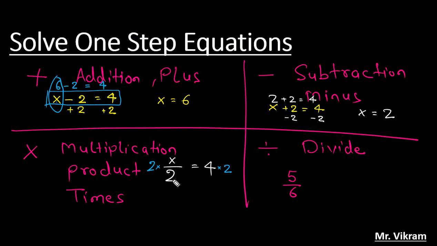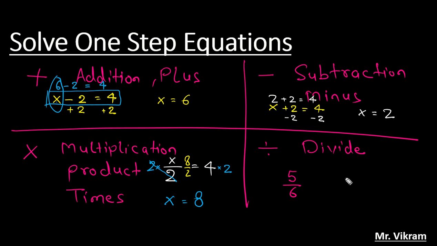When you see this formation, you cancel this, because 2 divided by 2 is 1. So x is equal to 4 multiplied by 2, which is 8. You can also check from your question that 8 divided by 2 is 4. So you can check this way also.